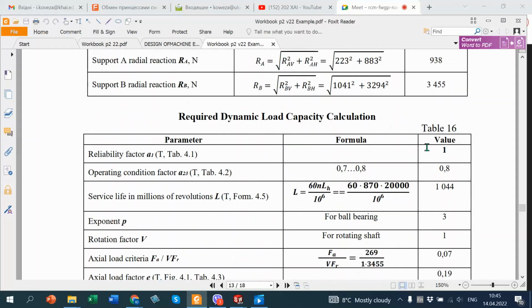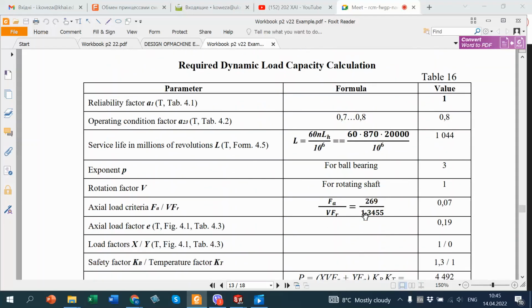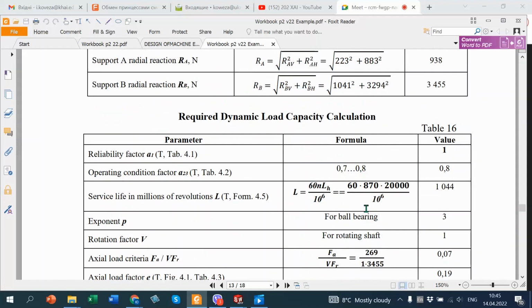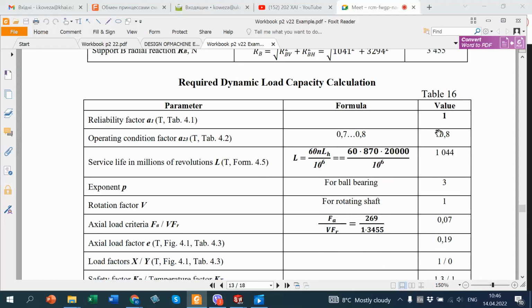But FR is not radial force. It's the biggest mistake. Here should be radial load, not radial force. Radial load, the bigger one from these two loads, is 3,455. That's why load criteria is 0.07.